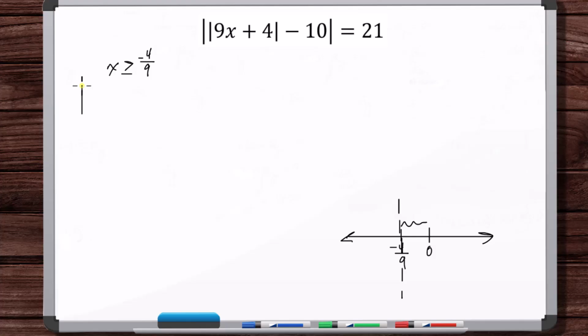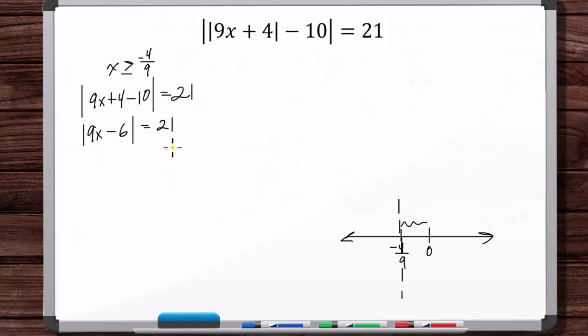Well, in that case, we can just remove the absolute value around the 9x plus 4. Okay, but now let's solve this absolute value equation. Okay, so 9x minus 6. All right, but as we're solving this, we have to keep in mind that we're restricted to these x values.